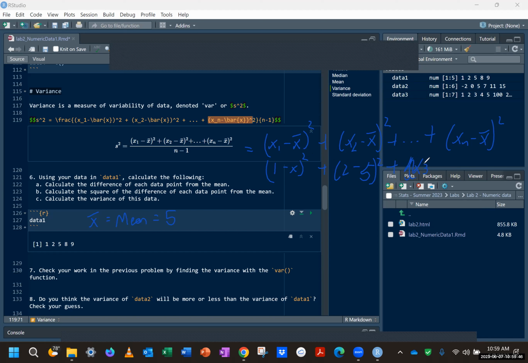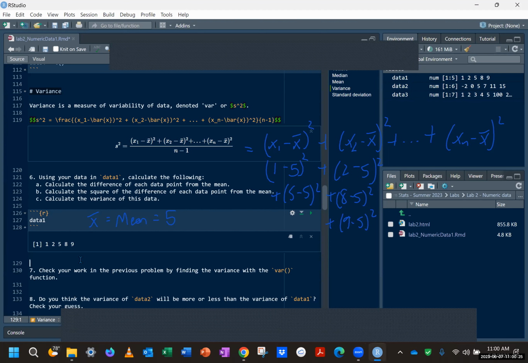Running out of space. x3 would be 5 minus 5 and square it. x4 would be 8 minus 5 and square it. And x5 is 9 minus 5 and square it. This should say 5 here. So let's type that in. Let's see what we get.